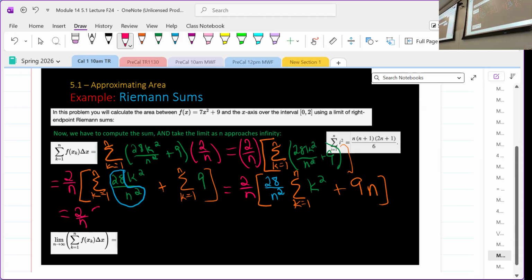So I still have my 2 over n, my bracket, then the 28 over n squared times, then my formula for the k squared is n times n plus 1 times 2n plus 1 all over 6. And then plus 9n.